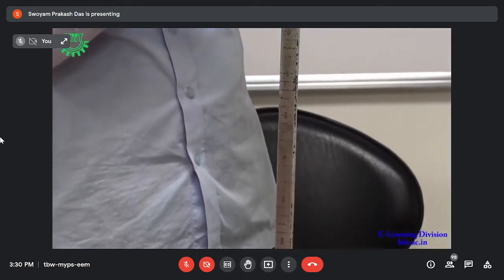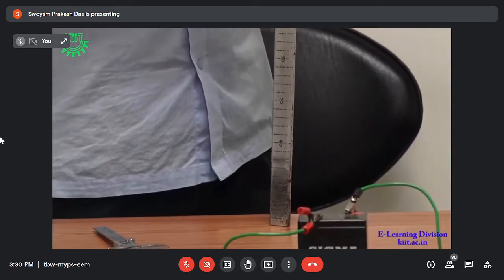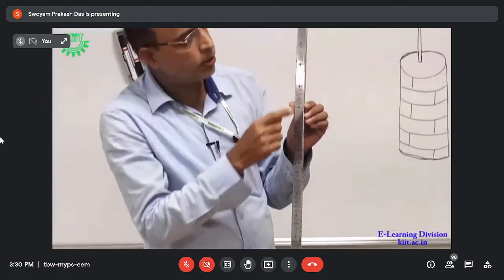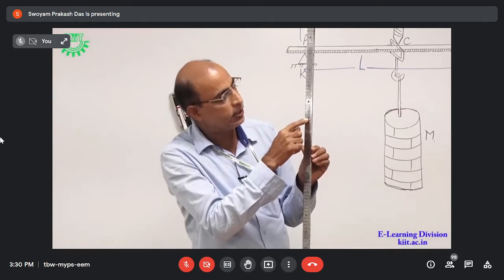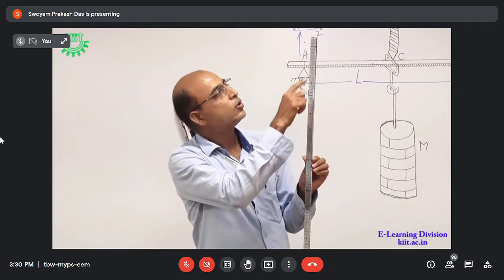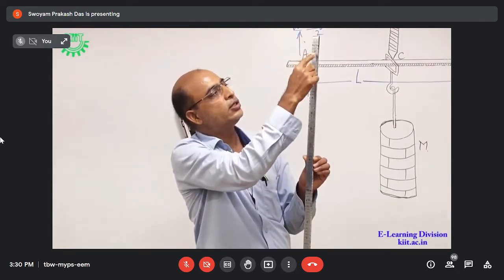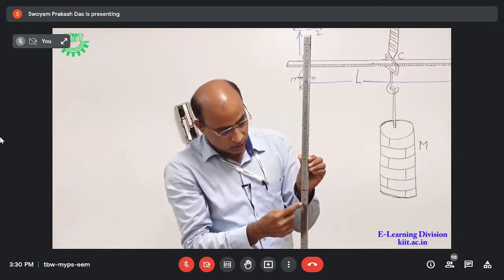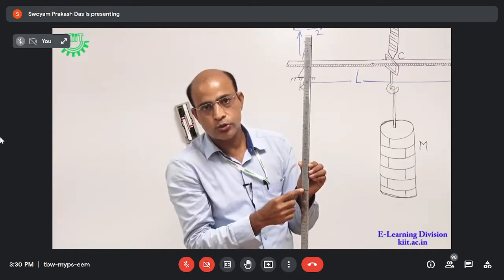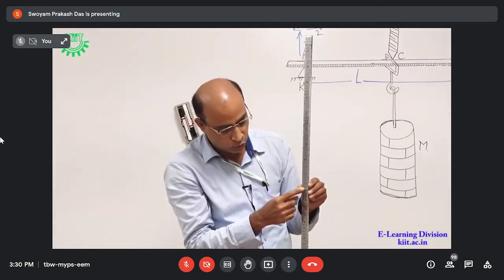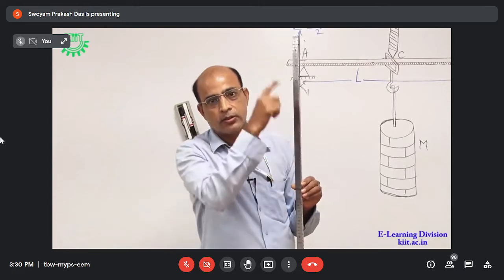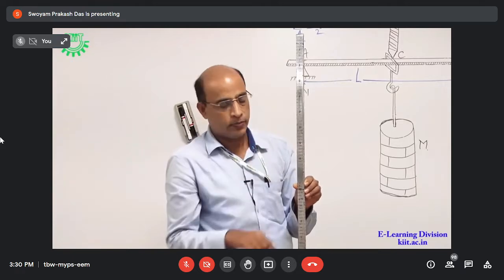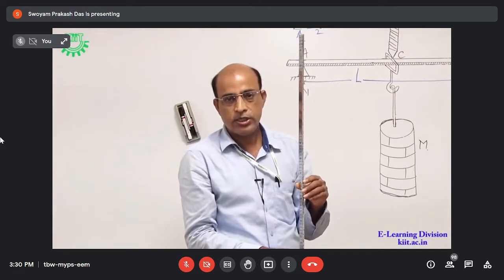There are lines drawn on the surface of the beam 1 cm apart from each other, and it is written every 5 cm. So this end is 50, here it is written 45, 40, 35, 30. In this way it comes down, and the middle point is 0. So from 0 onwards on both sides 50 cm, and everywhere every 5 cm it is written. And this is a beam.